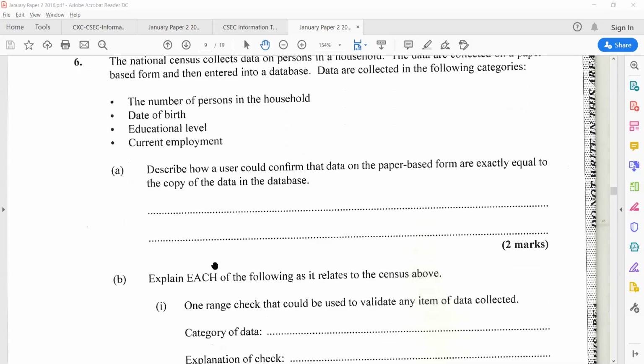Right, yes, date of birth, right? And you have to explain the check. How would you do a range check on this data? Okay, how you do a range check is you would ensure that the month entered is between 1 and 12, right? That's checking your range on the data.